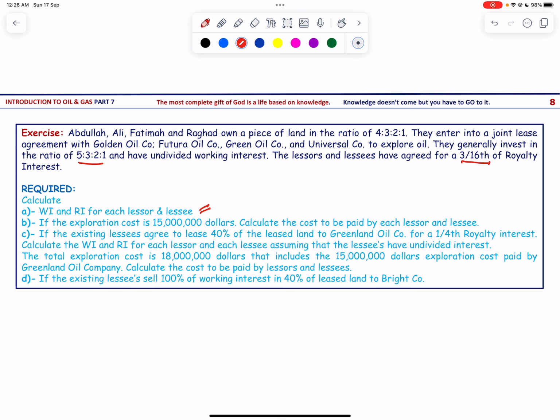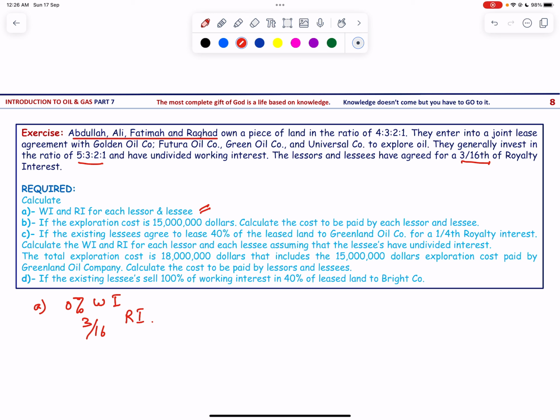So after the lease, the lessors Abdullah, Ali, Fatima and Ragad will have 0% working interest, and the lessors will share 3/16th of the production revenue as royalty interest.